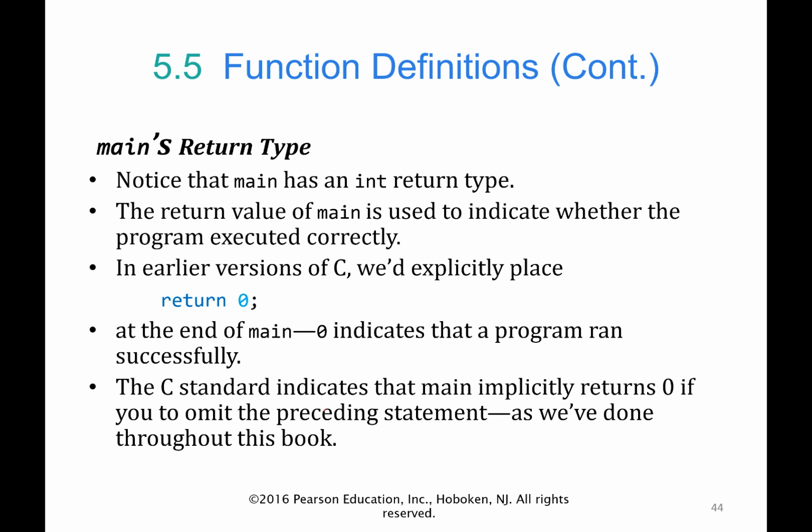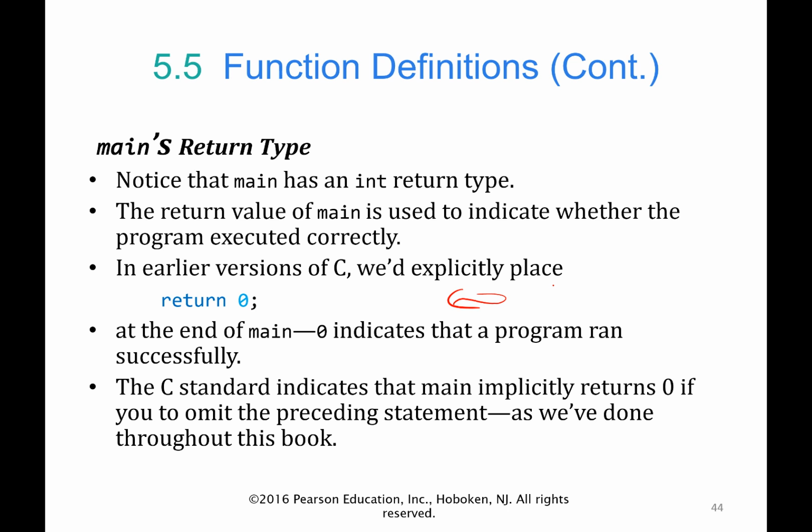Main used to be, we always put return 0 at the end of that. Standard C now does that on its own, so they've removed it. It used to be main always had to return either a 0 or 1 or -1 or something to say whether the function worked properly or not.